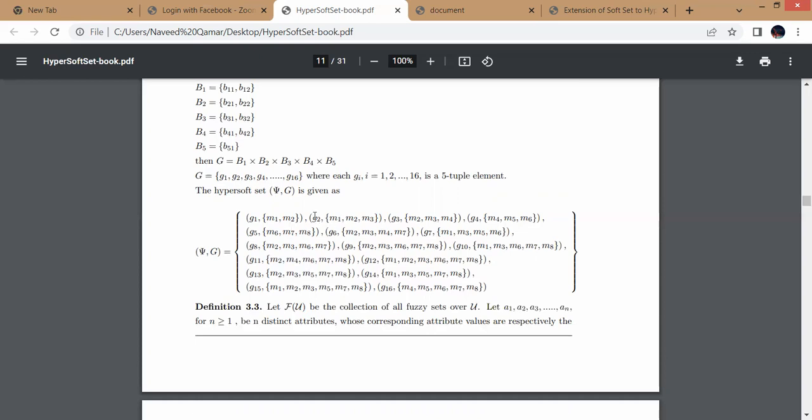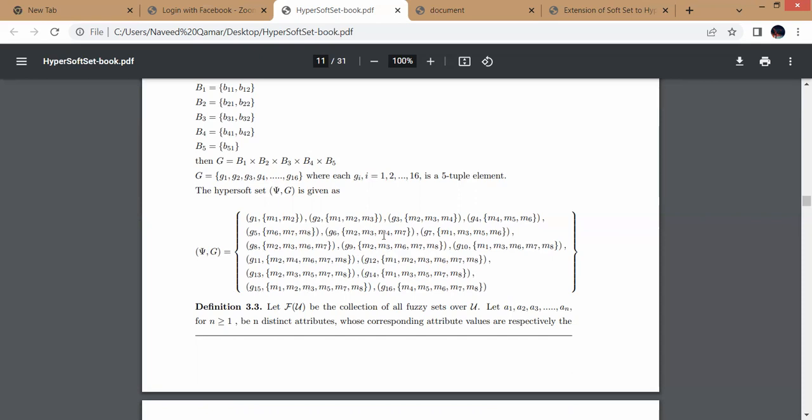Similarly, G2 properties, you can select any properties here. So G2 properties are included in M1 mobile, M2 mobile, M3 mobile. Similarly, G3 properties are included in M2, M3 and M4 mobile. Similarly, G4, G5 up to G16.